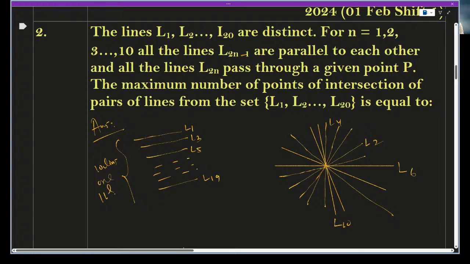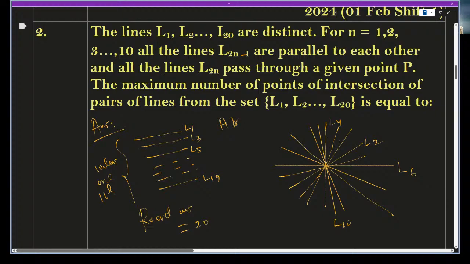How do you find this? See, among these 10 lines, a point of intersection is obtained when two lines intersect, but they won't intersect at 10C2 points. They intersect at one point only. So in total, how many lines are there? 20 lines are there. So the required answer will be what?